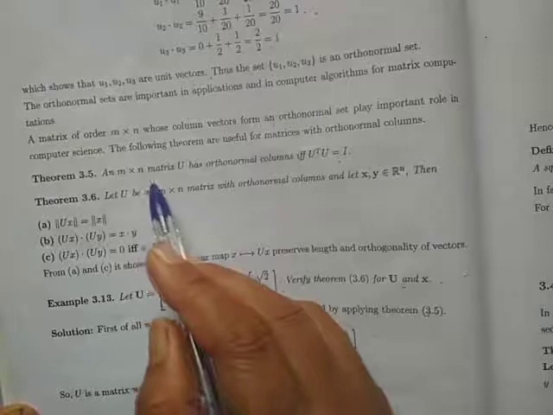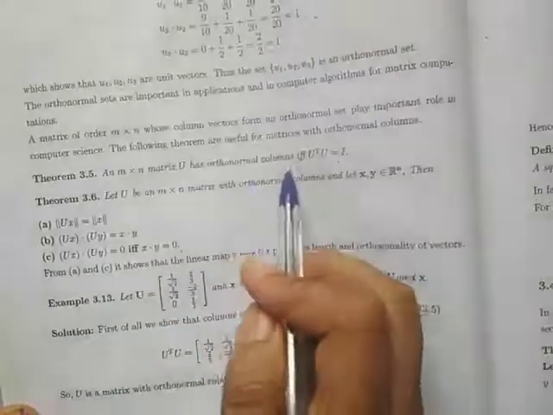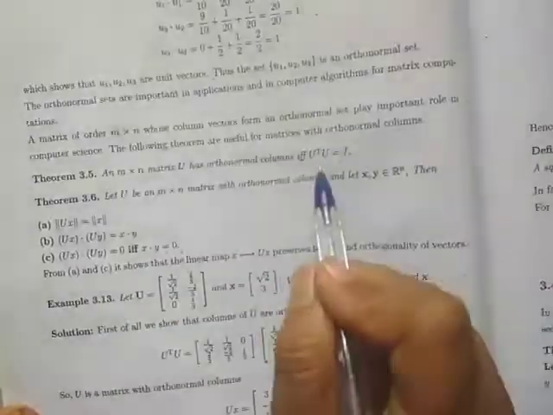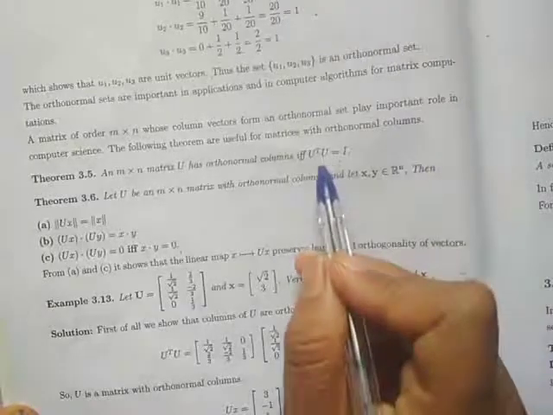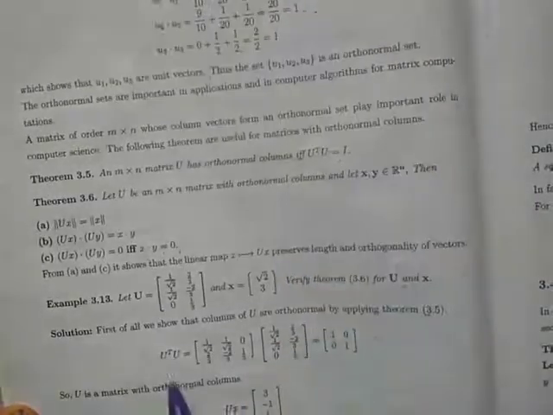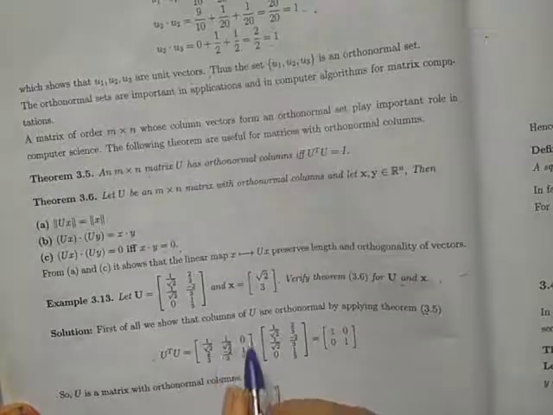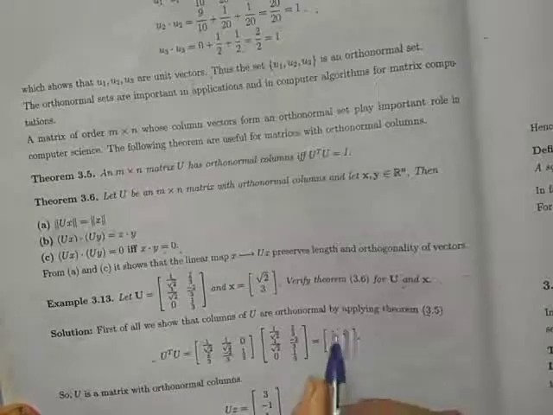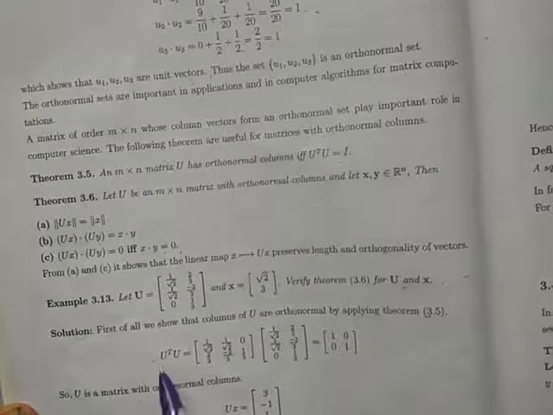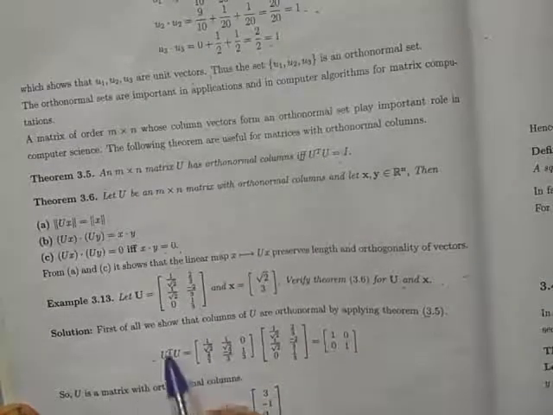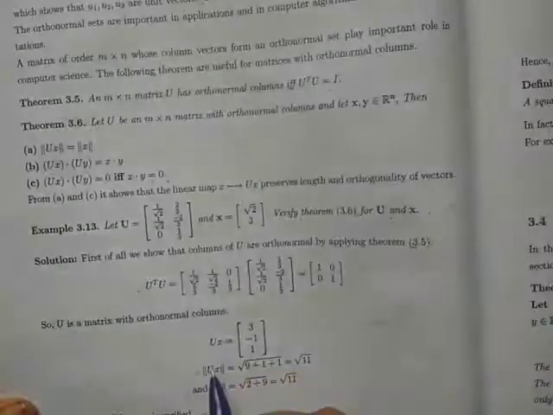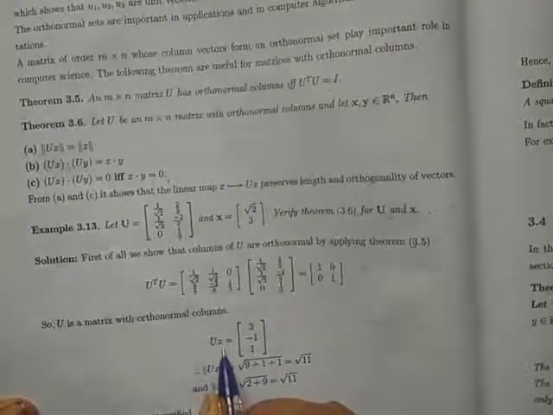An m by n matrix U has orthonormal columns if and only if U transpose U equals identity. So we will take U transpose times U. This multiplication equals the identity matrix. Therefore, U is a matrix with orthonormal columns.